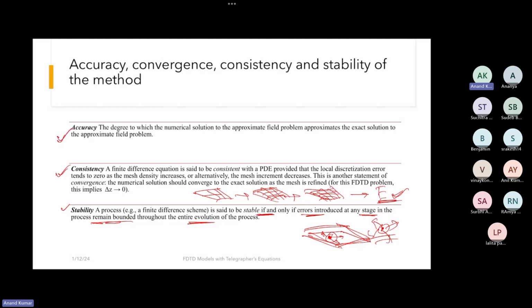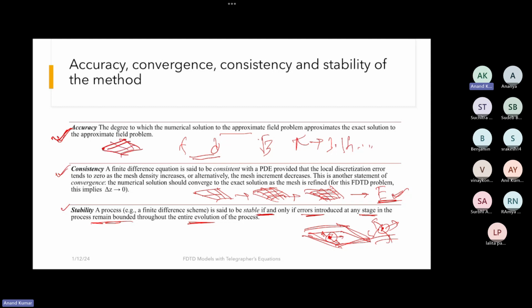Accuracy is determined by the numerical solutions. So this is mostly determined by whether you're using a float value or a double value, and how well you are representing irrational numbers, how many digits you are using. So this is the kind of thing which involves your accuracy. It also involves the amount of mesh you're trying to solve.